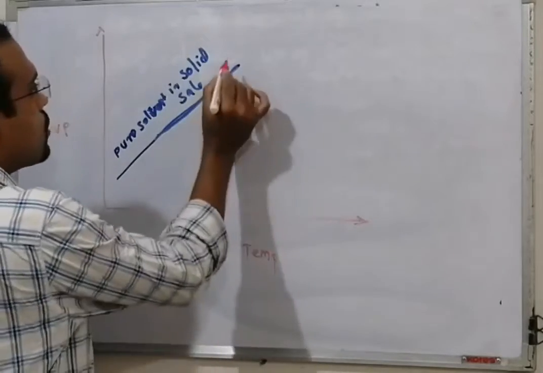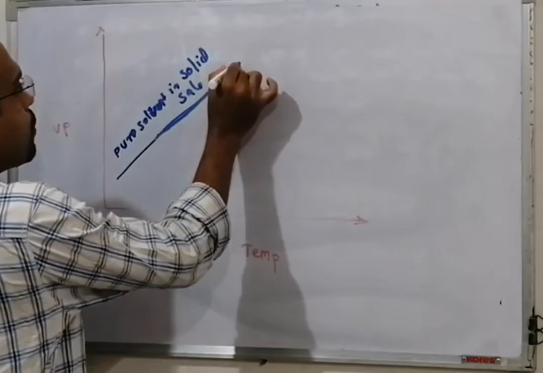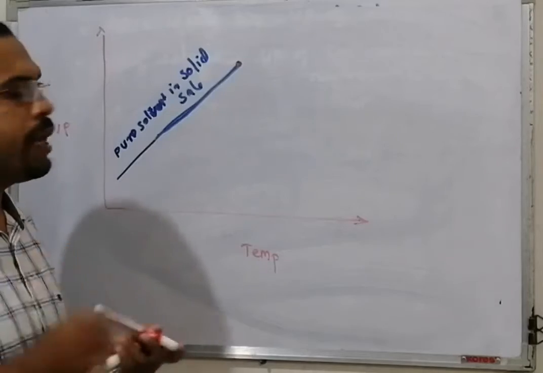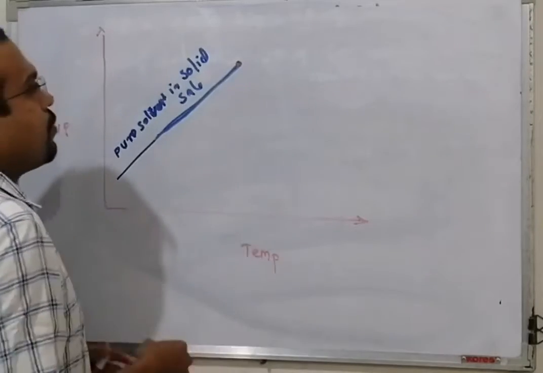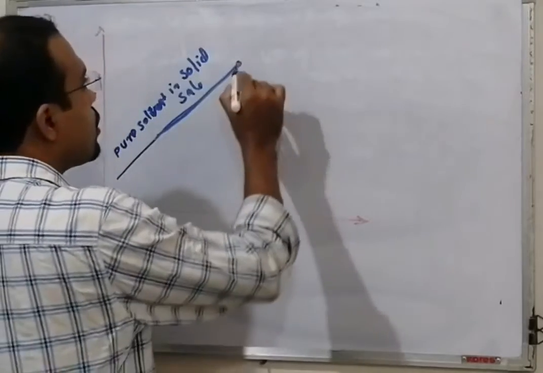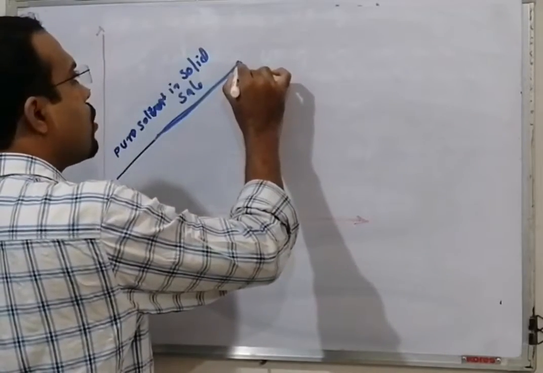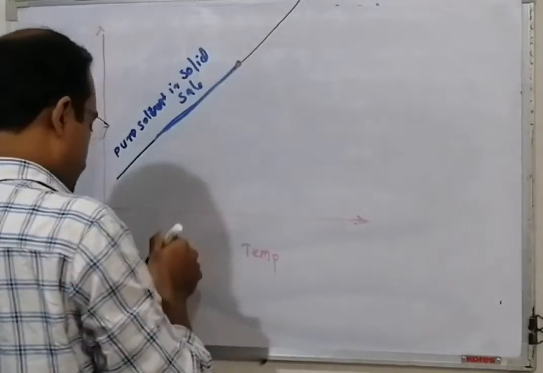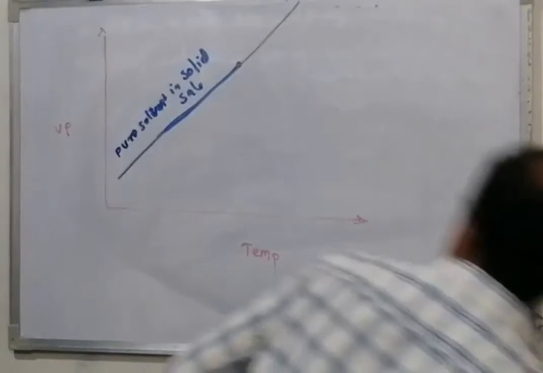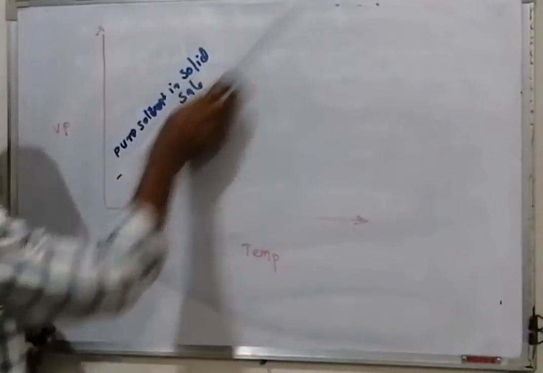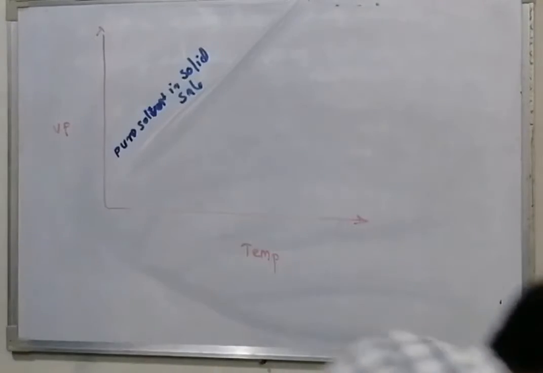Suppose it starts melting at this point. From there onwards, when temperature increases, it becomes liquid. In the case of liquid also, vapor pressure increases. We can draw it like this, a little flattened.